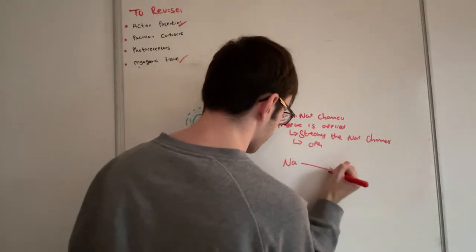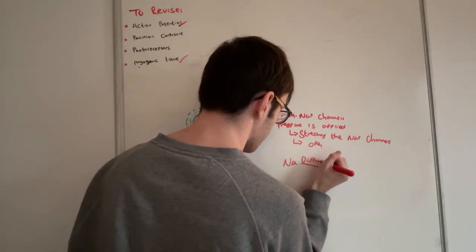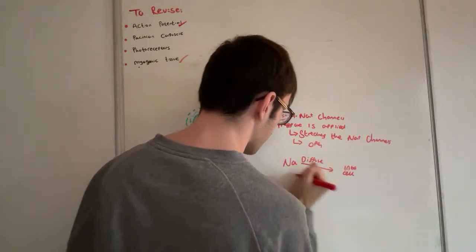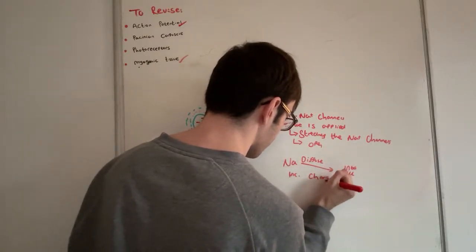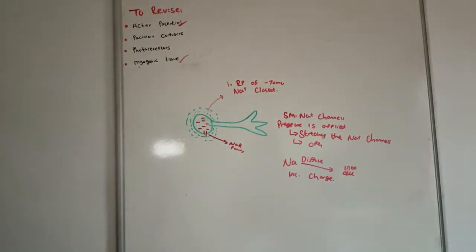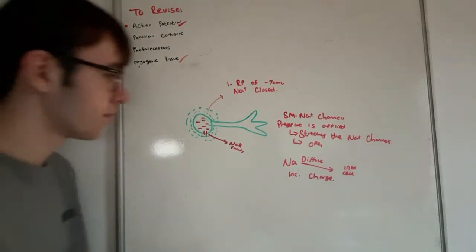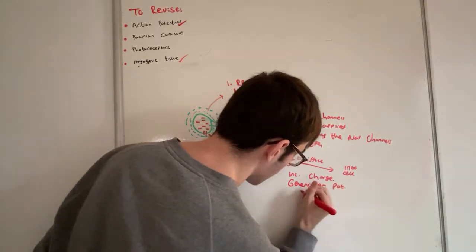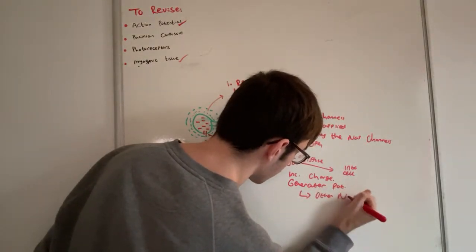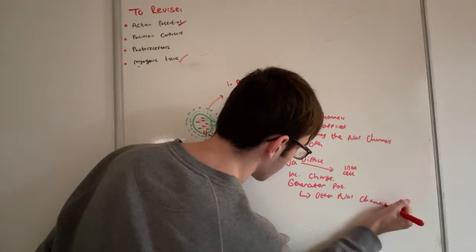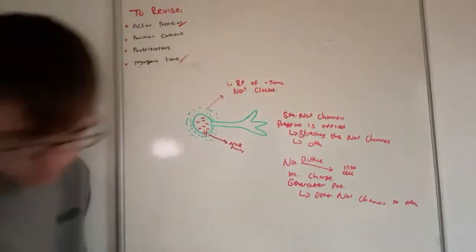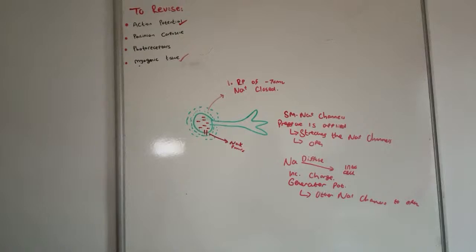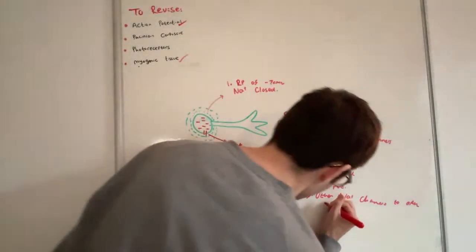So obviously sodium is going to diffuse into the cell, increasing the charge, creating a generator potential, which causes other Na+ channels to open. Opening more sodium channels and thus causing an electrical impulse.